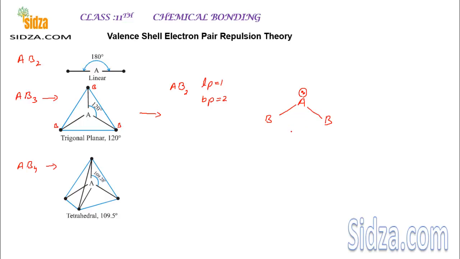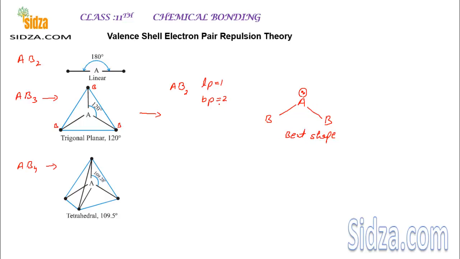Rather, this will be called a bent shape. So simply by inserting one lone pair, or you can say replacing a bond pair by a lone pair, you get a bent shape.